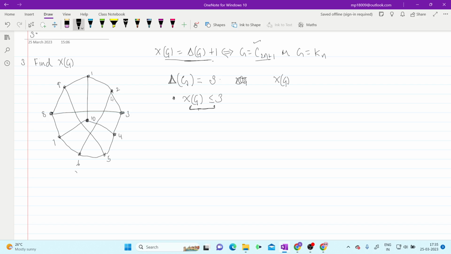This graph is not an odd cycle. If we had just these 9 vertices forming just an odd cycle, then the chromatic number would be equal to maximum degree plus 1. But this graph satisfies neither hypothesis. It is neither a complete graph nor an odd cycle. It just has one odd cycle, but that is different from saying that G is an odd cycle. Is that clear?